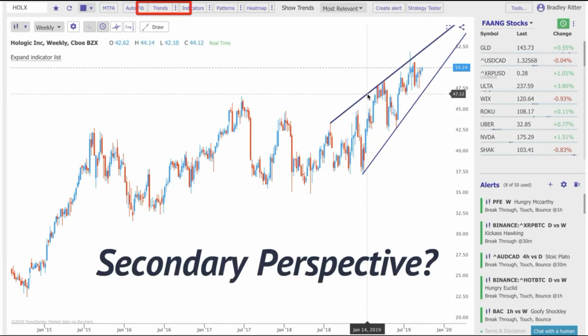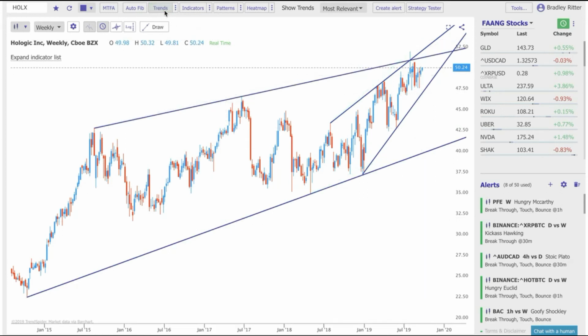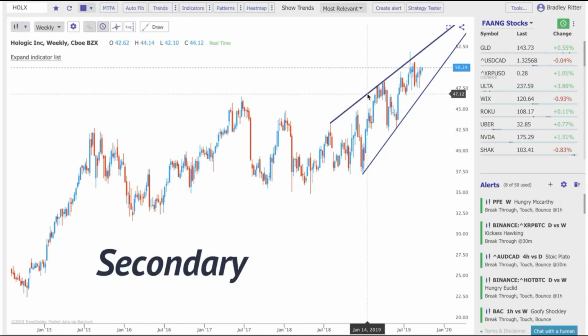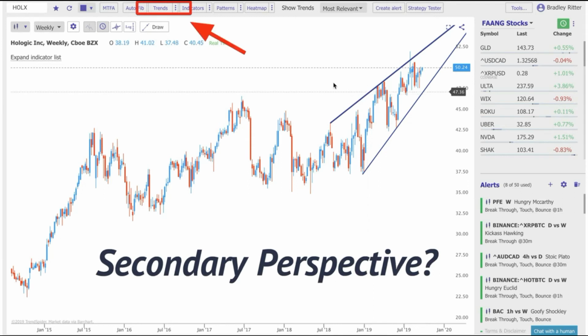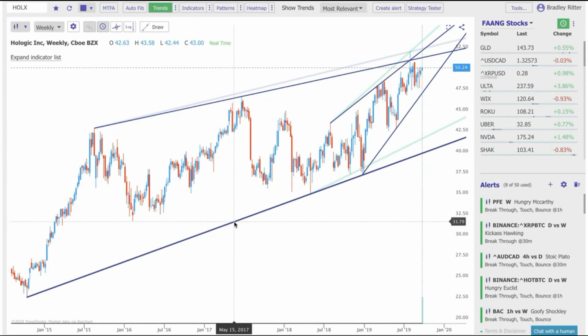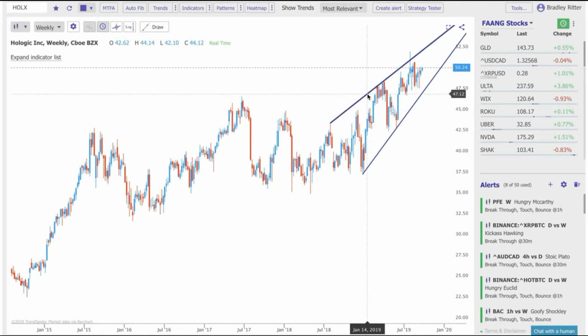But sometimes you can draw trend lines connecting highest highs and lowest lows that are just a secondary perspective. You can use only the last couple of weeks, and on some other chart you can draw it for the last 6 months or 2 years. So you can have several support trend lines and several resistance trend lines.